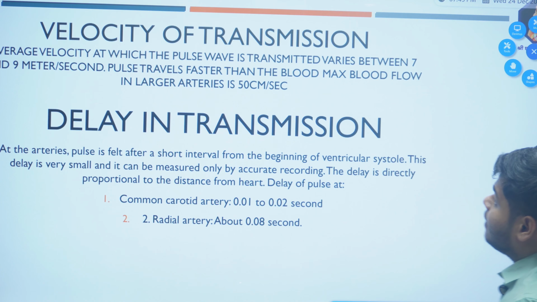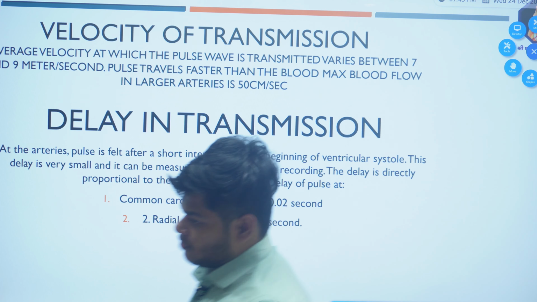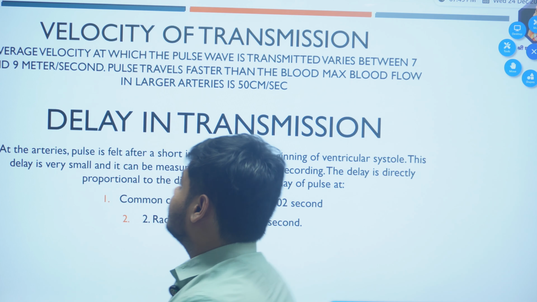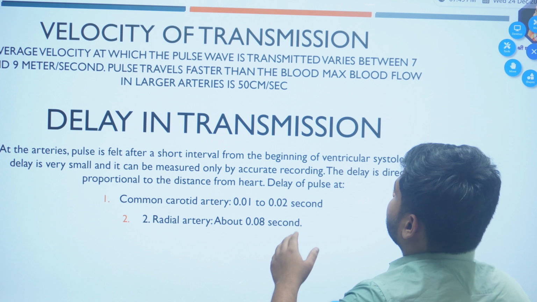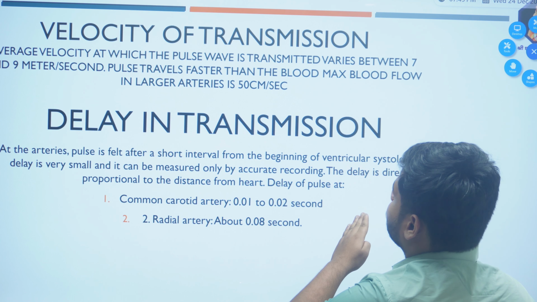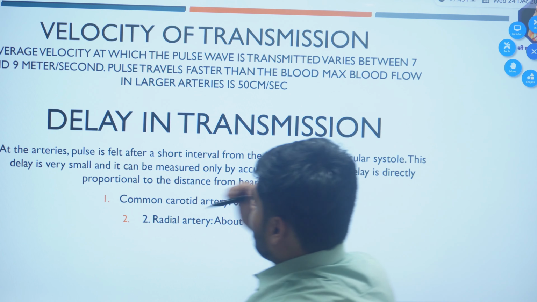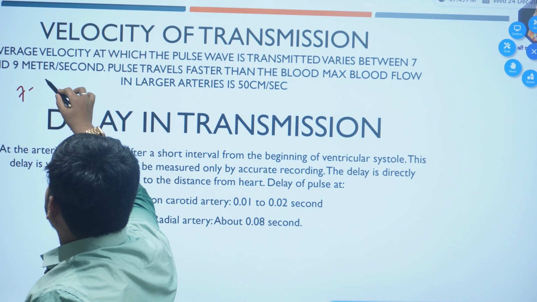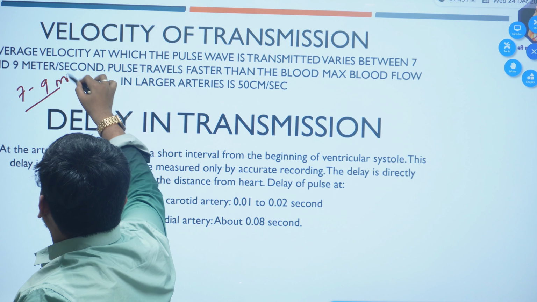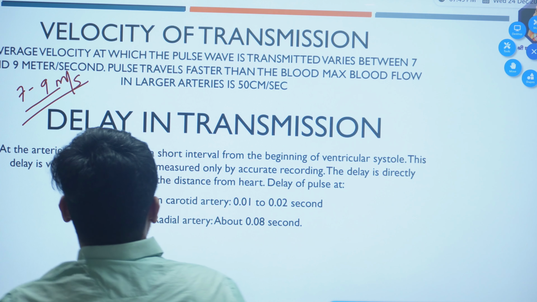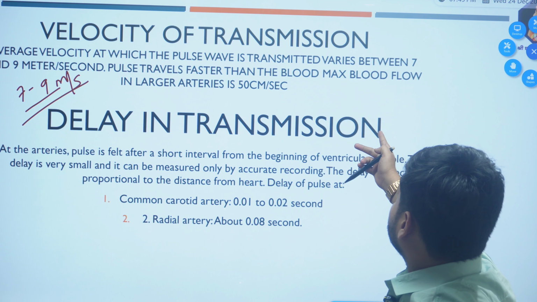Now, the next point is the velocity of transmission of that particular pulse. The average velocity at which the pulse wave is transmitted varies between 7 and 9 meters per second. Now this is the average value, 7 to 9 meters per second, right? Pulse travels faster than the blood.